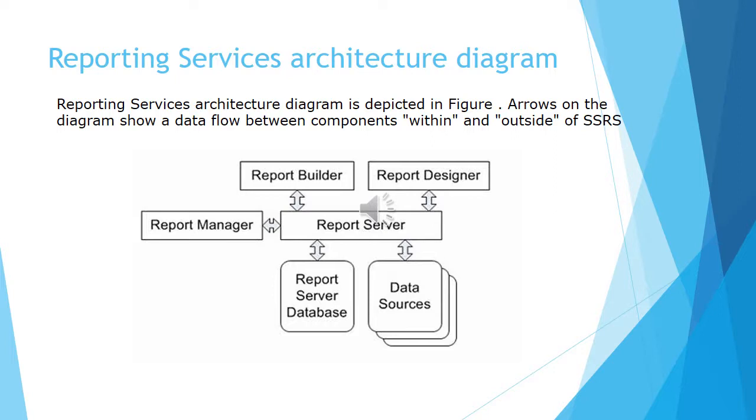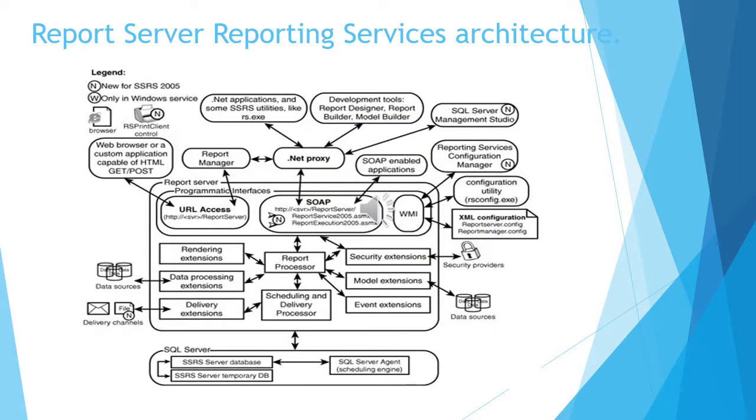So the arrows on the diagram show the data flow between these components, which are report builder, report designer, report manager, report server database, after that data sources and report server. These components are within and outside of SSRS. So this is the detailed diagram of reporting services architecture which is provided by the report server.